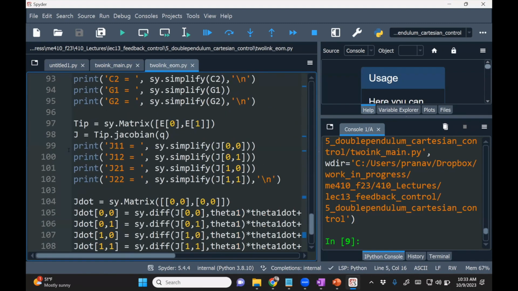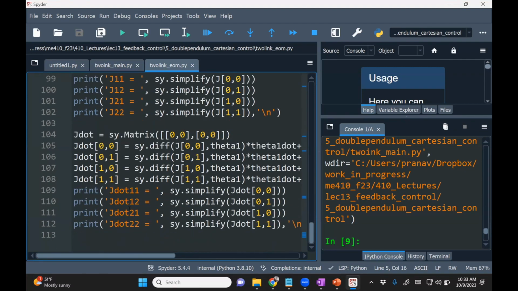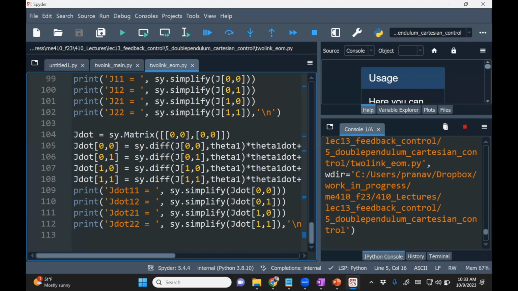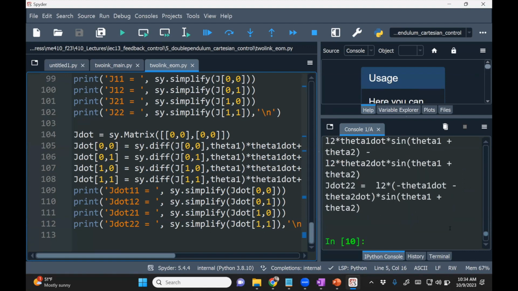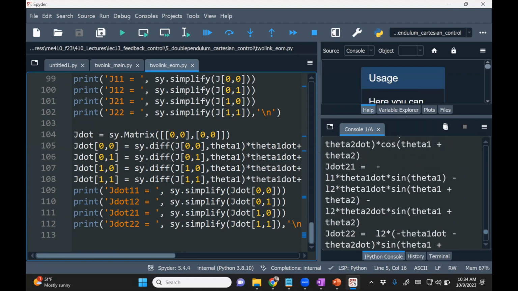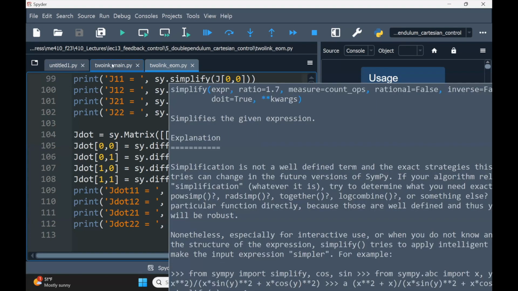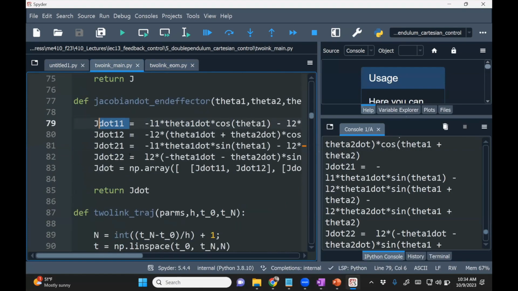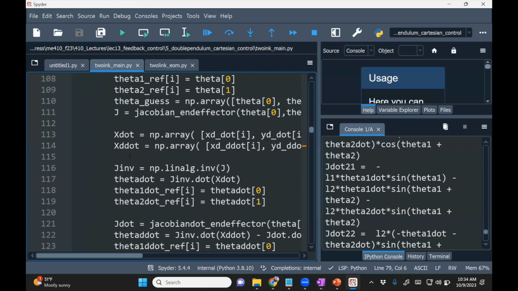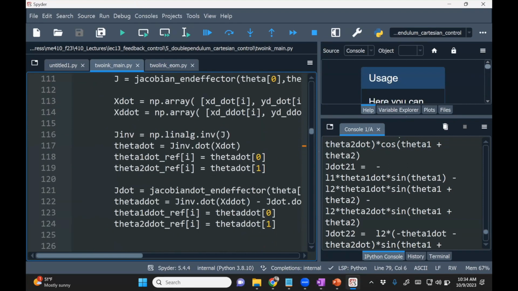Yep, this code actually gives you the Jacobian, tells you how to compute the Jacobian. It also tells you how to compute Jacobian dot. So if you run this first, yeah, this was taken and copy pasted over here, and then the same for J. And then essentially there would be something similar to other files.